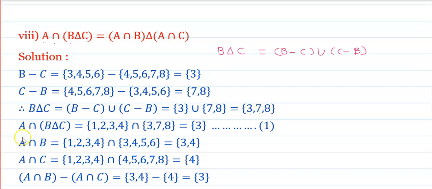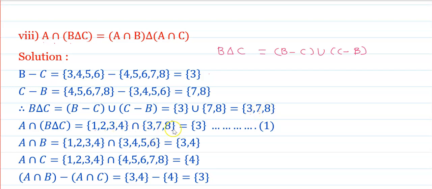Okay. Now, next is A intersection B symmetric C. Here we'll write A is 1, 2, 3, 4. Next is A with the intersection B symmetric C. What is B symmetric C? That is 3, 7, 8.